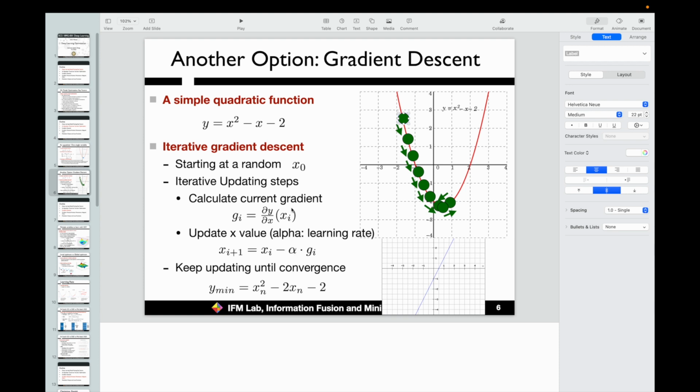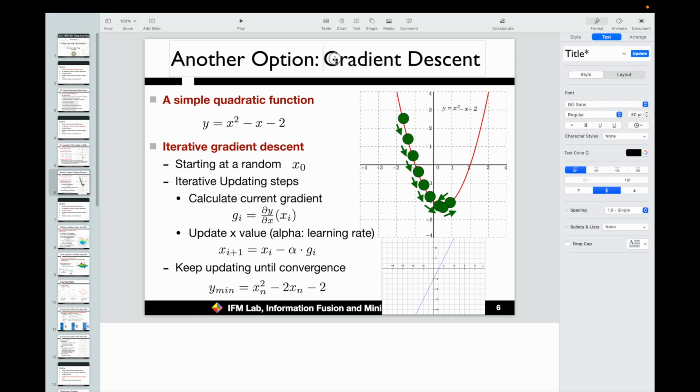We do the iterative updating of this function regarding the variable. It depends on the location of the current point, and we calculate the gradient and further utilize this gradient to help us update these variable values until we achieve convergence. Okay, so this is another way we do the optimization of this simple function based on gradient descent.